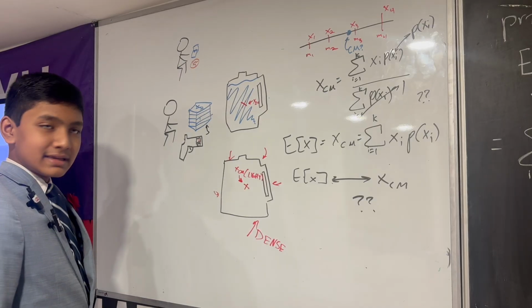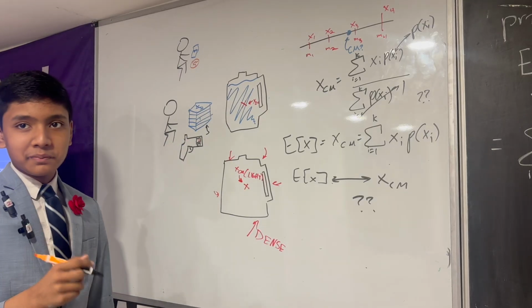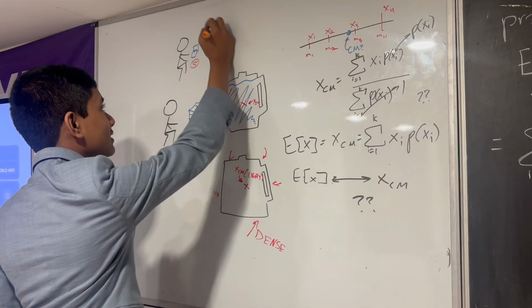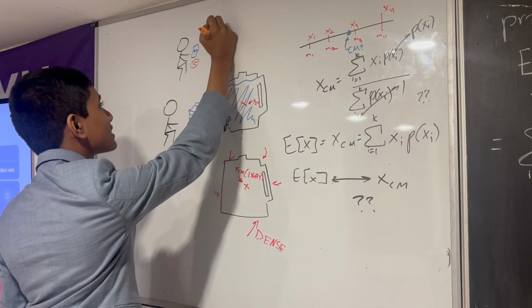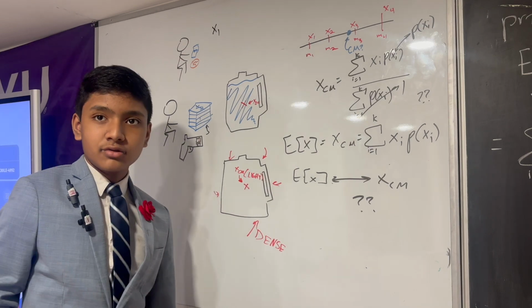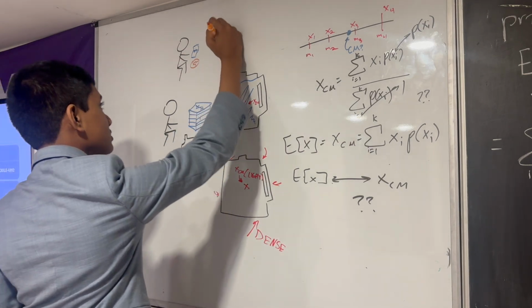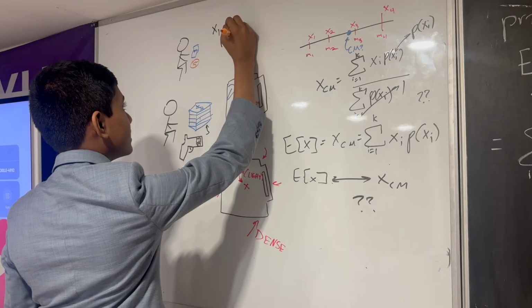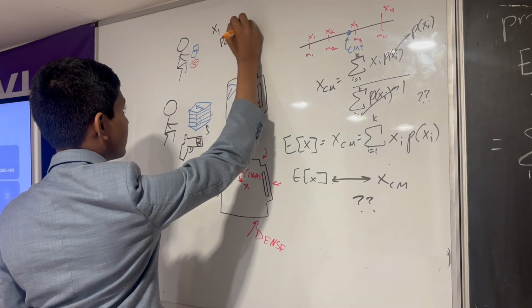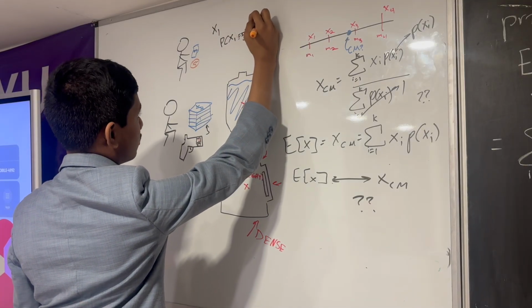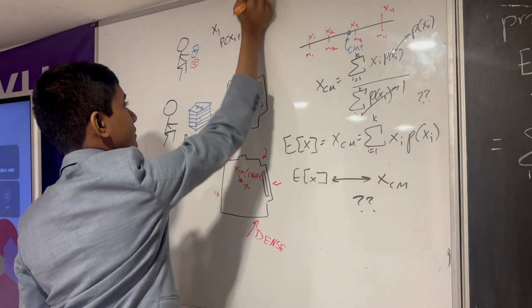But now let's try to model these with probability distributions. Let's call this x1, the relative value to you. So the probability that x1 is equal to 5, so you get $5, is, sorry, I mean 0.5.